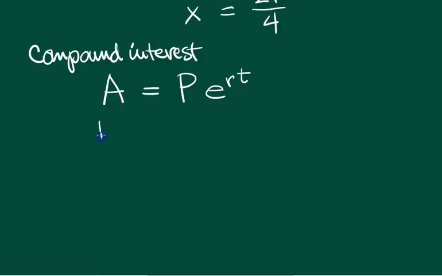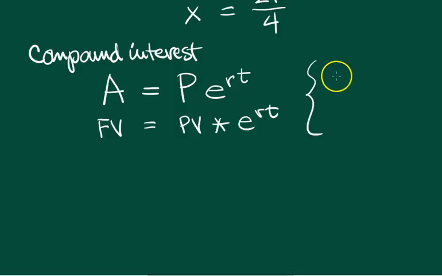And we also talked about this as future value on the left side of the equation is equal to the present value times E raised to the power RT. So I should note that this equation applies only to continuous compounding.